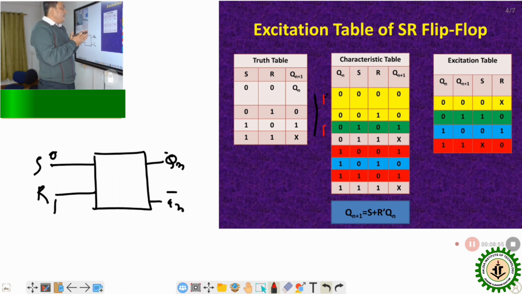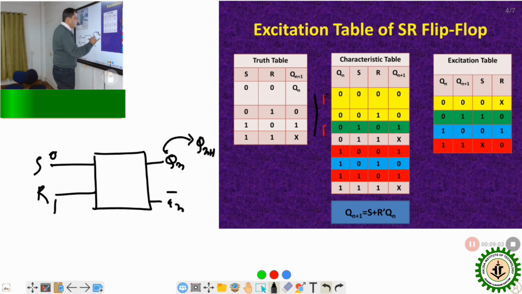How? Now the output could change from the present state to the next state. Next state is Qn plus 1. Now what could be the probable conditions of Qn and Qn plus 1? It could be 0 before the input, and the next state could be 0, that is one condition. Previous state was 0, next state could be 1, this is another combination.